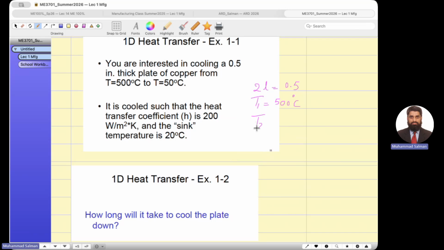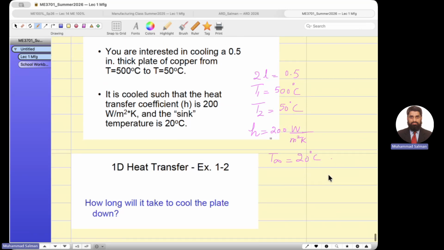The final temperature is 50 Celsius. It is cooled such that the overall heat transfer coefficient, in watts per meter square per Kelvin, and the sink temperature, the surrounding temperature, is 20 Celsius.